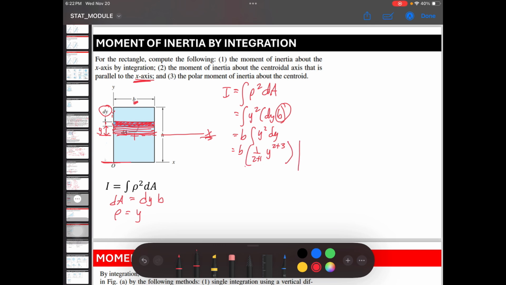So, ano ang limits natin? Ang limits natin, kalahatin na ni h. Start na lang tayo dito, and then, 1/2 ng h na lang. Diba?